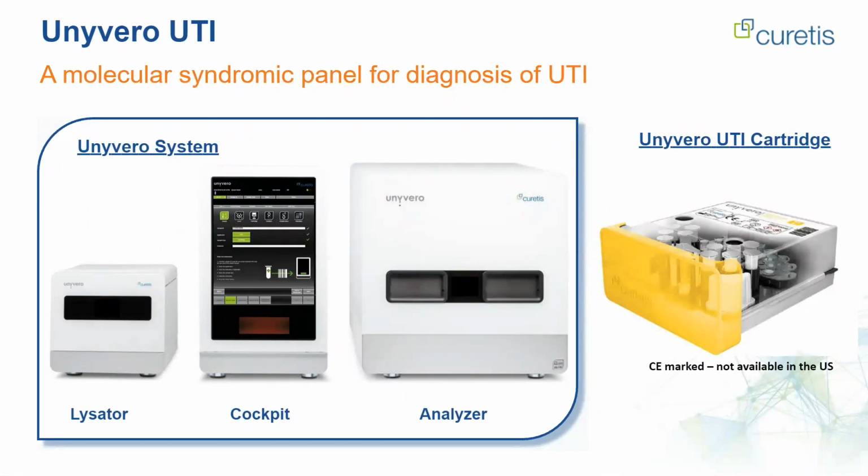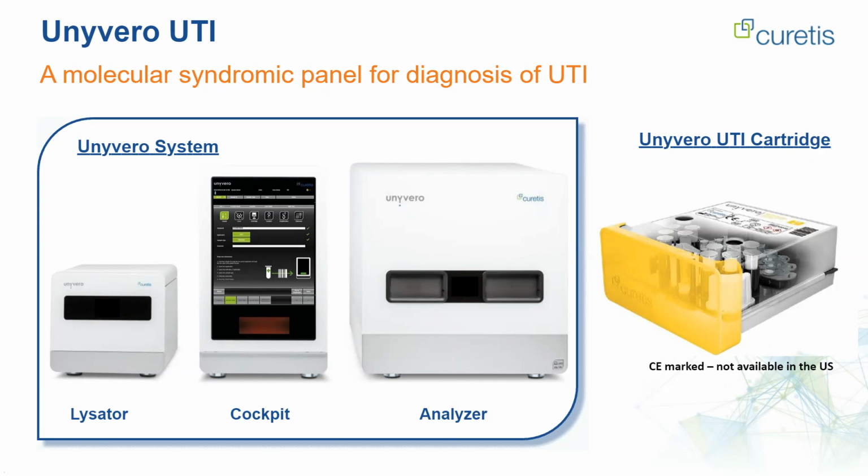Now, for the last part of the webinar, I would like to introduce to you a molecular panel for UTI, which is till now the only one available on the market with a CE mark, Unyvero UTI. This is a platform using a closed cartridge-based system, applying endpoint PCR and subsequent array hybridization. The platform consists of a lysator unit for sample processing and an analyzer unit.